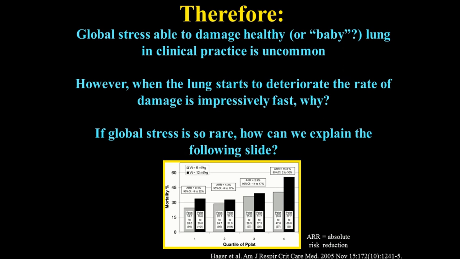in the classical study of 6 versus 12 milliliters, even in a patient with better compliance, that means a healthier patient, 6 apparently is better than 12. And 12 is not a tremendous tidal volume.